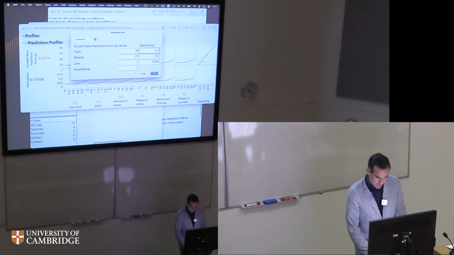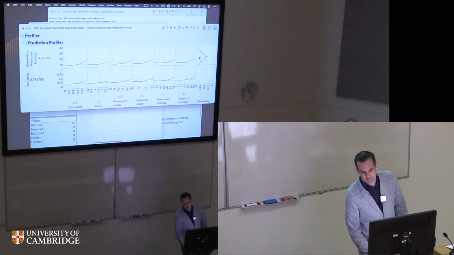So I'll give that a desirability of 0.1. And you can see you can set a very different sort of desirability. So 20 is the most desirable. 30 has a desirability of 0.1, and so on. Or I can just manually adjust these as well.